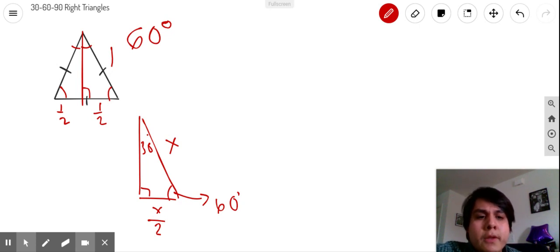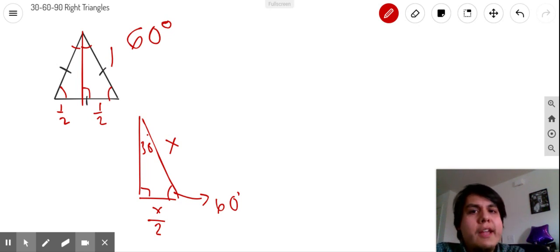Okay? So, same idea. We're going to use the fact that we have a right triangle to figure out that third side. Good old Pythagoras said that a squared plus b squared needs to equal c squared.